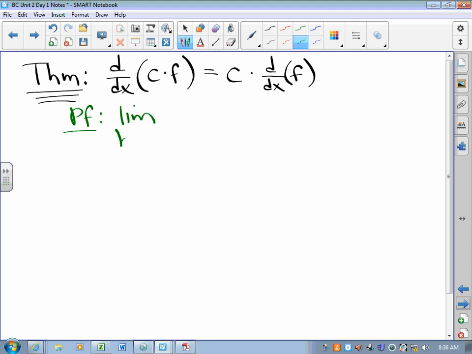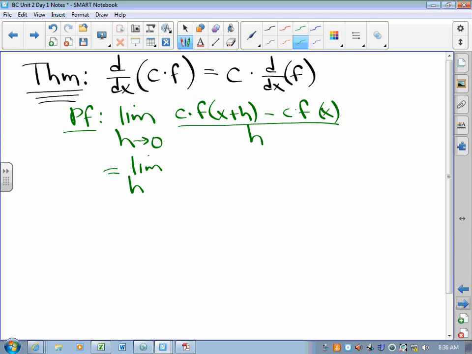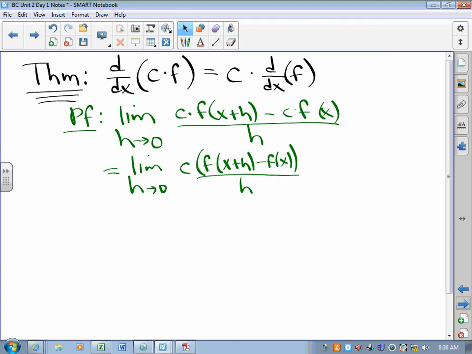We're going to take the limit as h approaches 0 of c f of x plus h minus c f of x over h. Well, c can be factored right out of there. And oh look, this thing is the derivative of f.